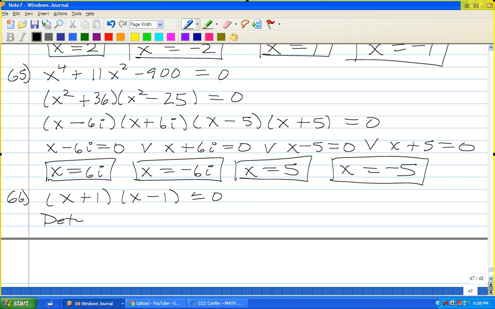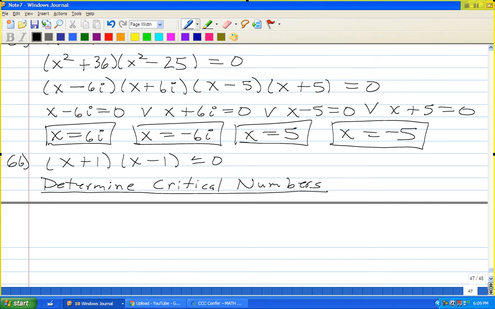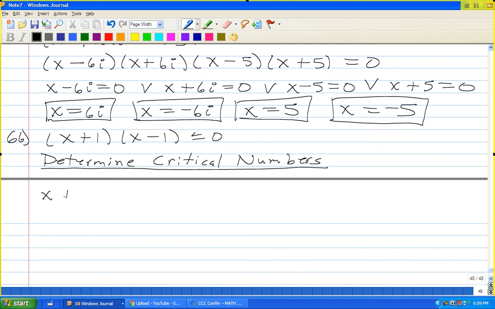So let's determine the critical numbers. And so set x plus 1 to 0, x minus 1 to 0, subtract 1, add 1. So x equals negative 1, x equals positive 1.